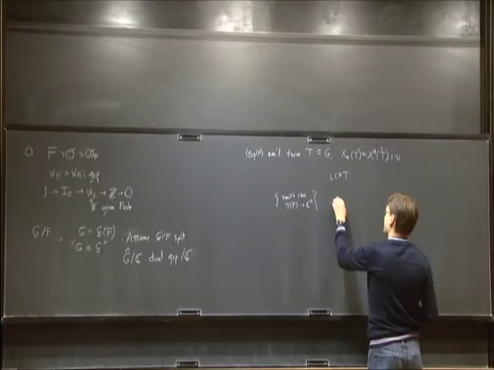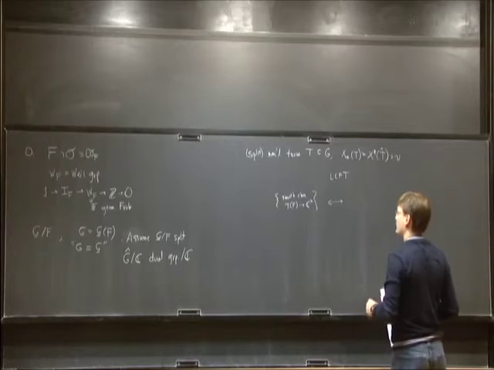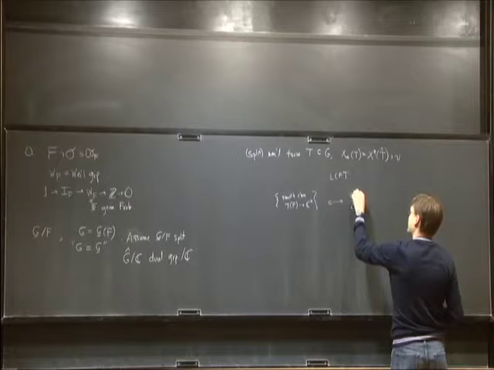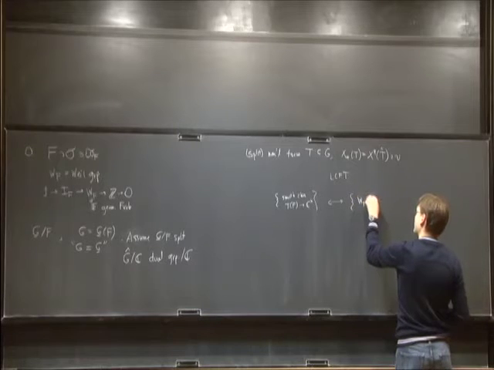There's a one-to-one correspondence between those and homomorphisms from the Weil group to the dual torus.